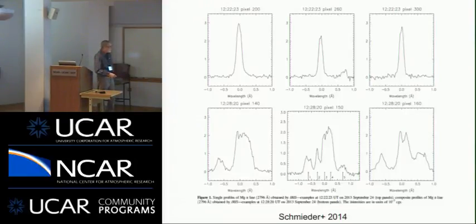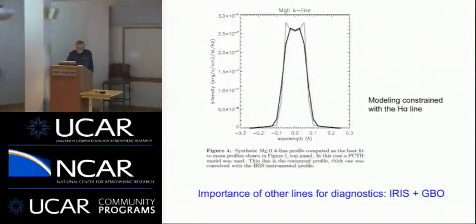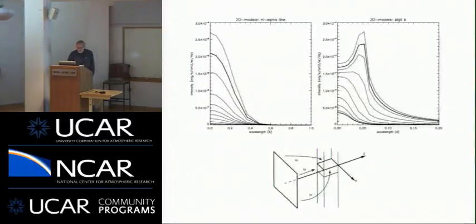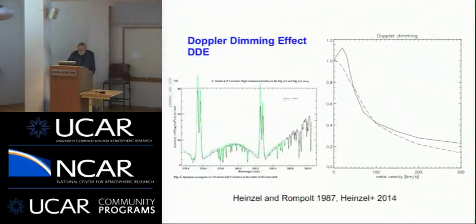These profiles look broad, but as I said, they are probably composed of several Doppler shifted components. And so we were able to fit these narrow profiles very nicely with our modeling, including some transition region between the cool part and the corona. But as I said, the strong constraint was the H-alpha line. Without the H-alpha line, we could find other models which were not, of course, realistic. This is very important. I will skip this.